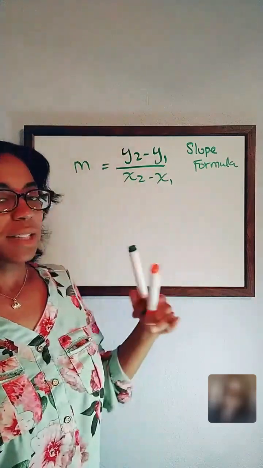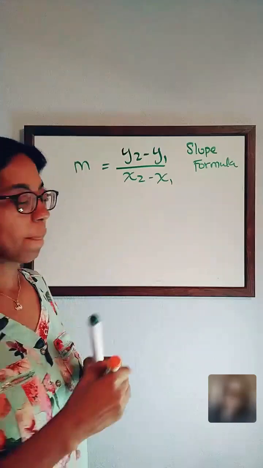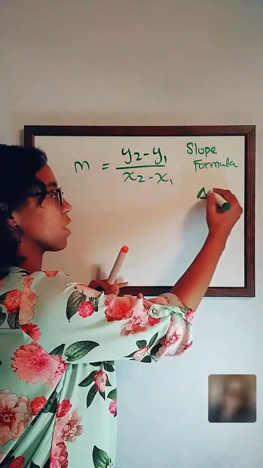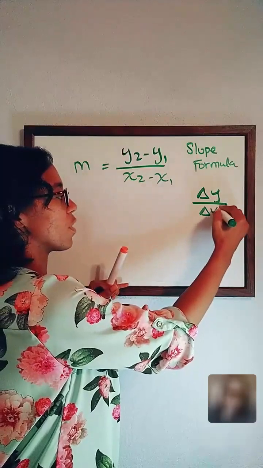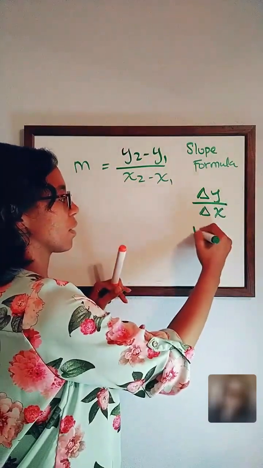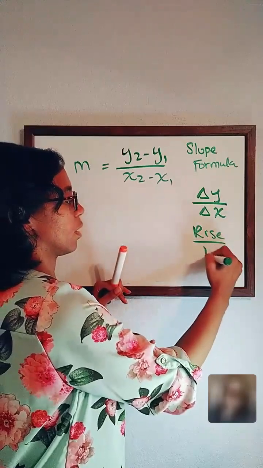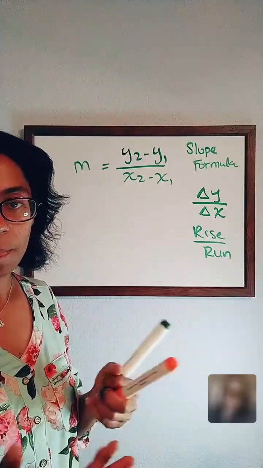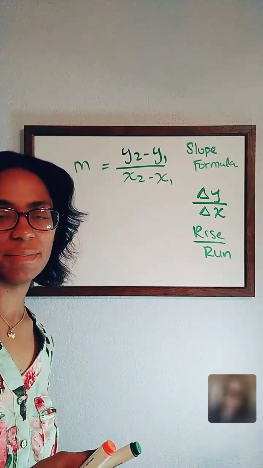Memorizing formulas can get kind of tricky. I like to just say it's the change, and I use a triangle because it's the change in your y values over the change in your x values. If you can remember that, there's so many different ways that you can depict it, okay? It's not hard at all.